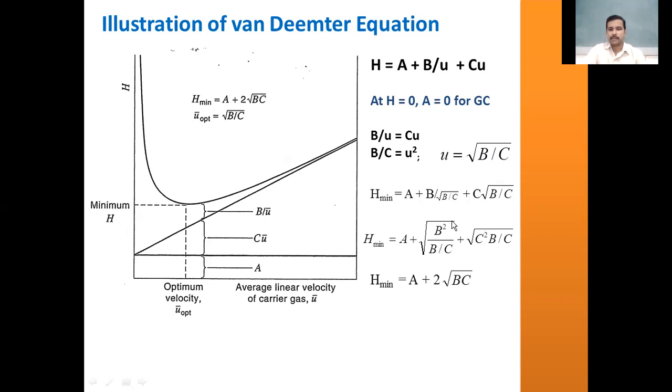So here B and B get cancelled, C and C get cancelled. You are left with square root of BC plus square root of BC plus A. So H minimum is equal to A plus 2 into square root of BC.